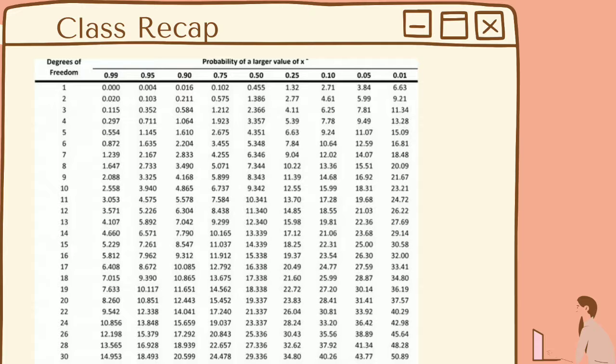The alpha is 0.05, and the degrees of freedom is 4. Using this column with 4 degrees of freedom, we can see that our critical value is 9.49.